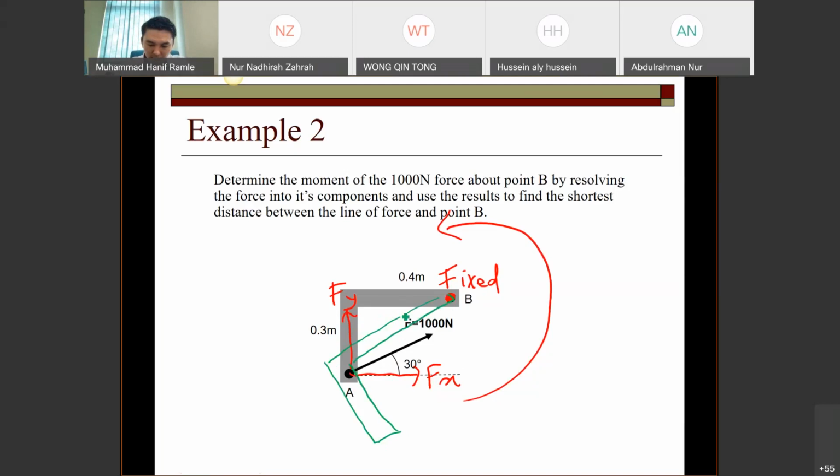The green color is the rotated body. So you can see that the rigid body is trying to move counterclockwise. Do you get it?